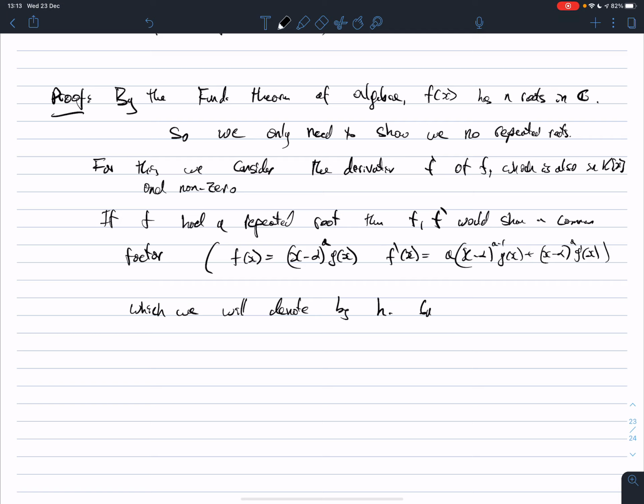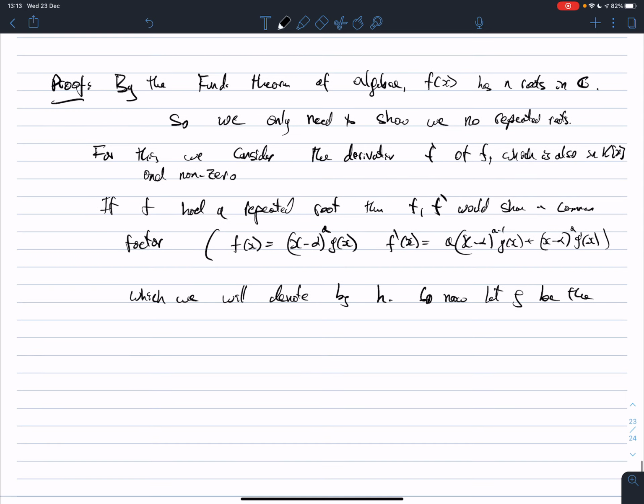Now let g be the greatest common factor of f and f prime. These are two polynomials, so it does make sense to talk about the greatest common factor. We have this division algorithm, so we can make sense of what it means for the greatest common factor of two polynomials.